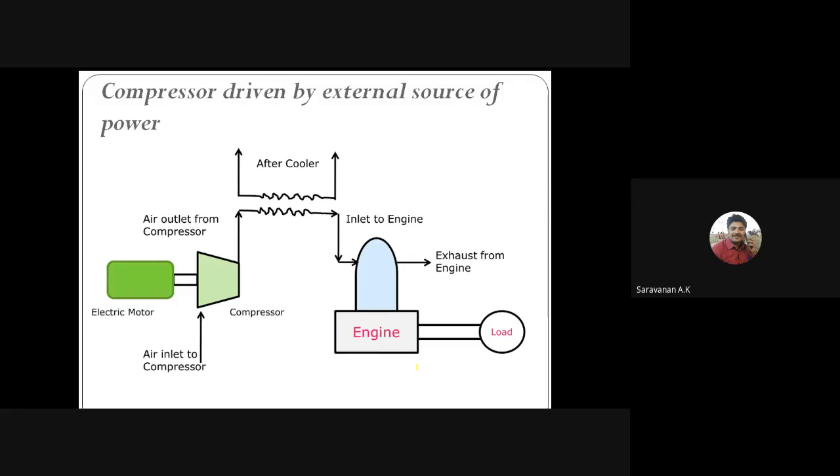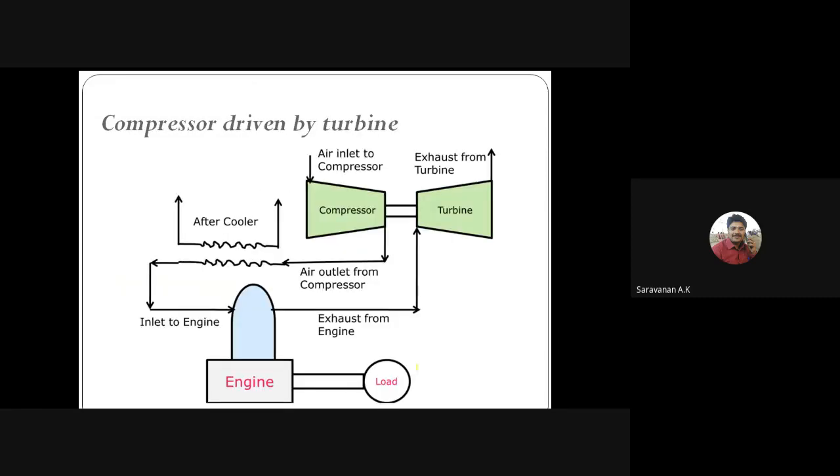Then the knocking tendency, that is the combustion stages, and knocking in the CI engine, and the different types of combustion chamber design. And we discussed the introduction about superchargers and turbochargers. These are the topics in unit 3.